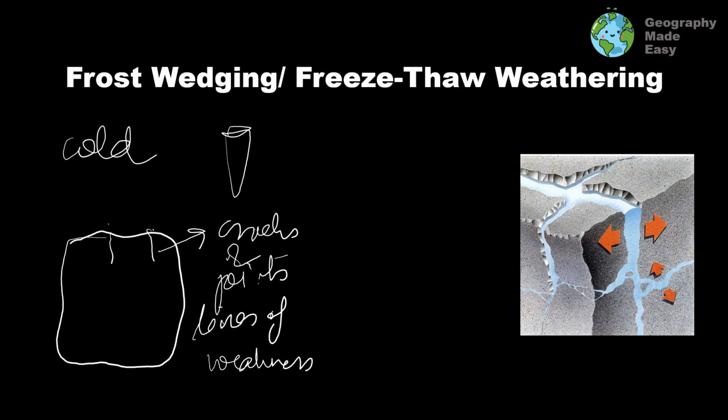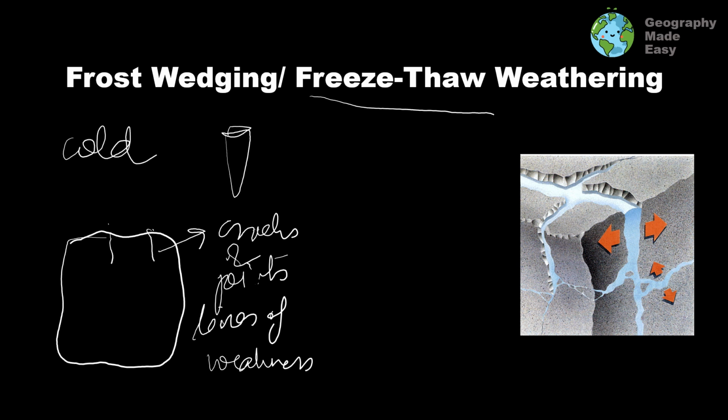Now frost wedging will take place where alternate hot and cold weather exists. Either the temperatures will increase and decrease during the day and the night, or through seasons. So the freeze-thaw, thawing means melting, the freezing and thawing of water has to take place.